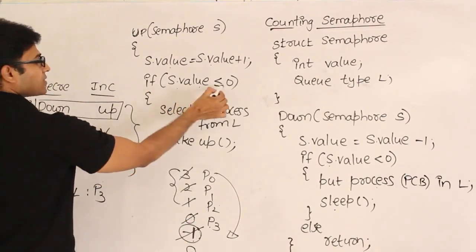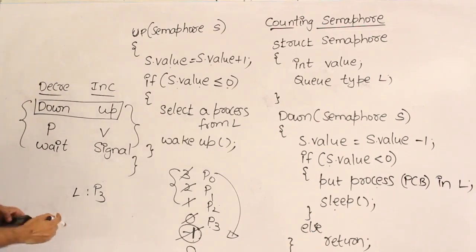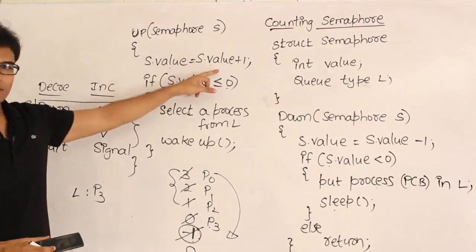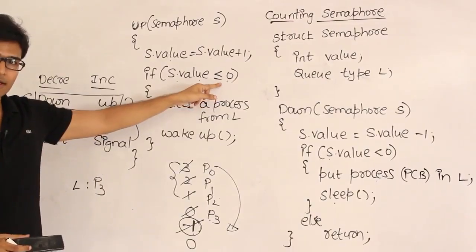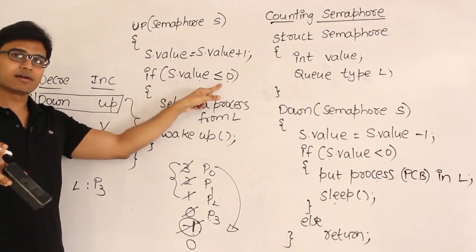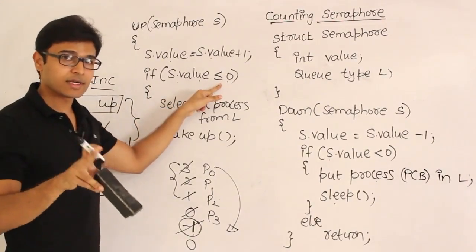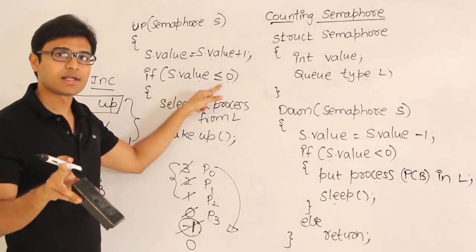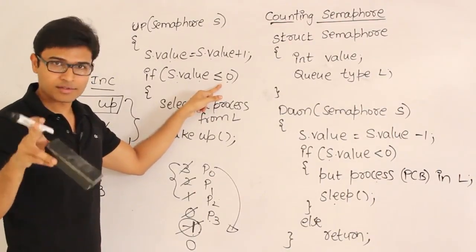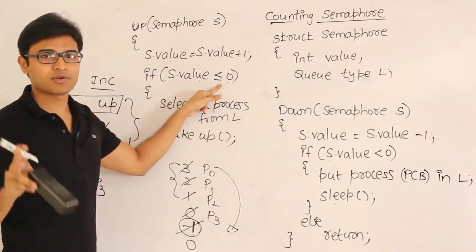If s.value is less than or equal to 0 after incrementing, then what do you think will be its value before incrementing? Definitely a negative number, which means some process is in the blocked state and is waiting for someone to come out.